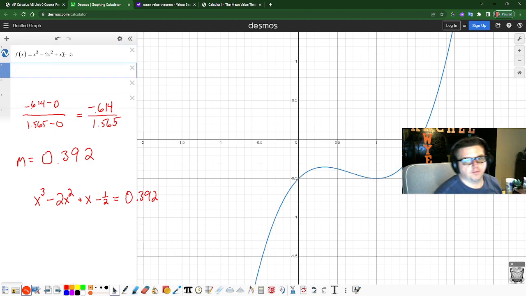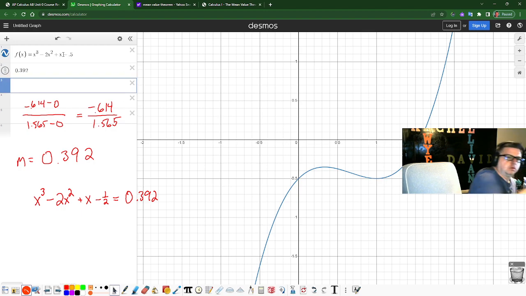Enter. We have that. And then we have 0.392.